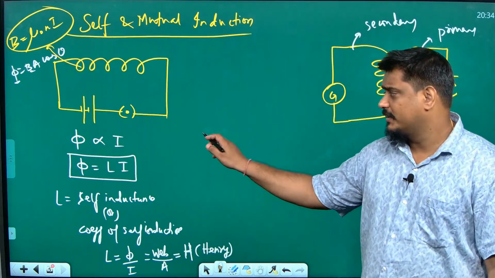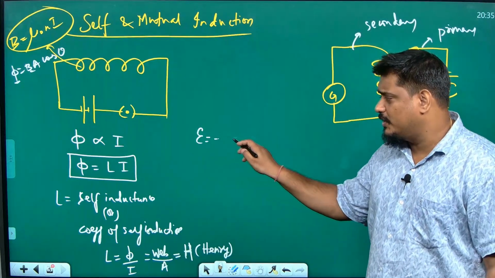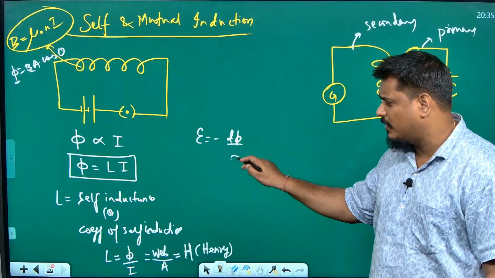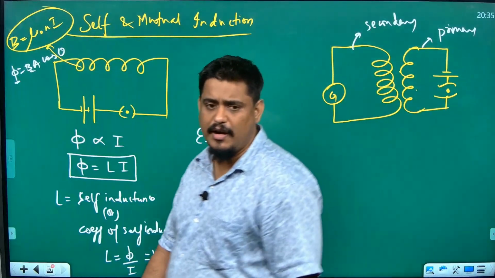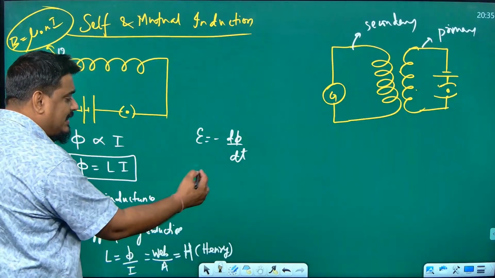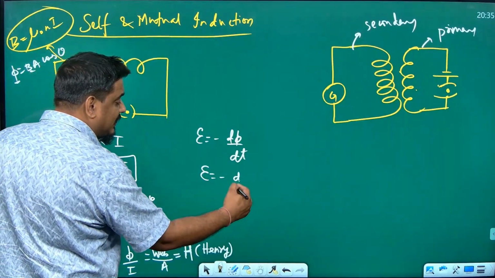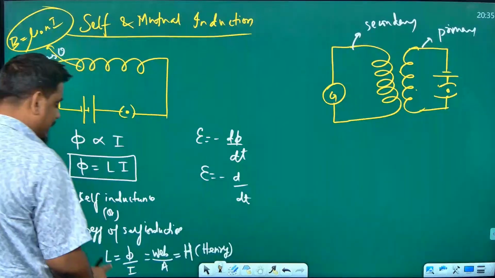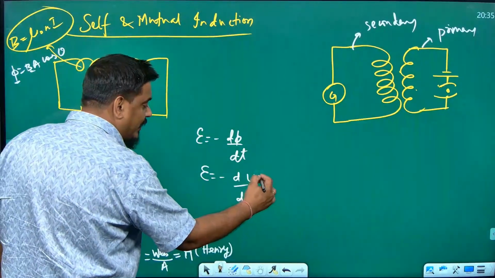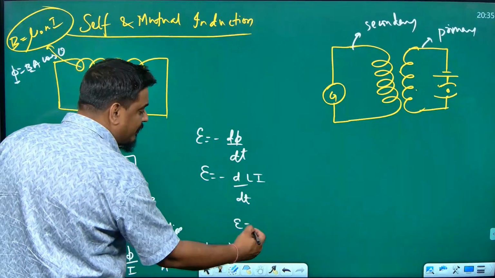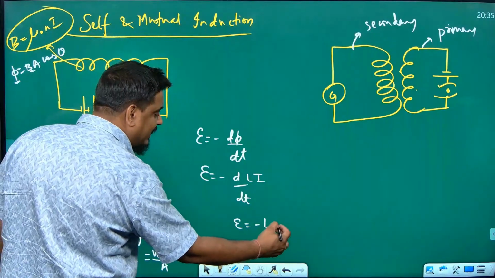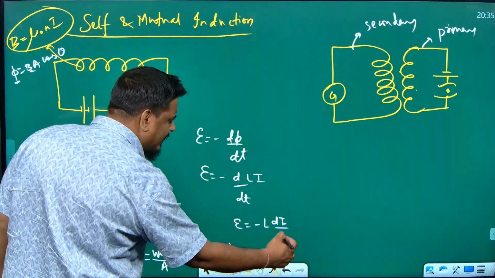Not over yet. We know that induced EMF E is equal to minus d phi by dt by Lenz's law and Faraday's law. So, I can write E is equal to minus d by dt of phi, and phi is L into I, where L is a constant. So, E will become equal to minus L into di by dt.